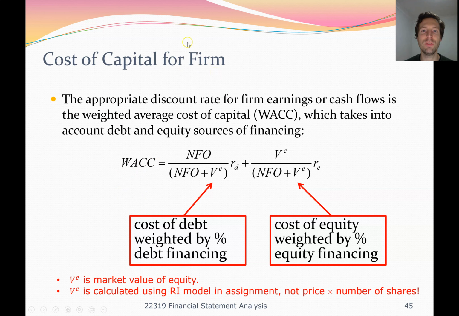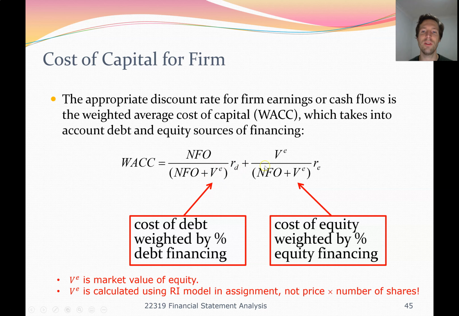The cost of capital for the firm is calculated using the firm's net financial obligations. So from our reformatted balance sheet, how much debt does the business have? You divide through by the debt plus the value of the firm's equity, current market capitalization of the firm, times the cost of capital of debt that we previously talked about.